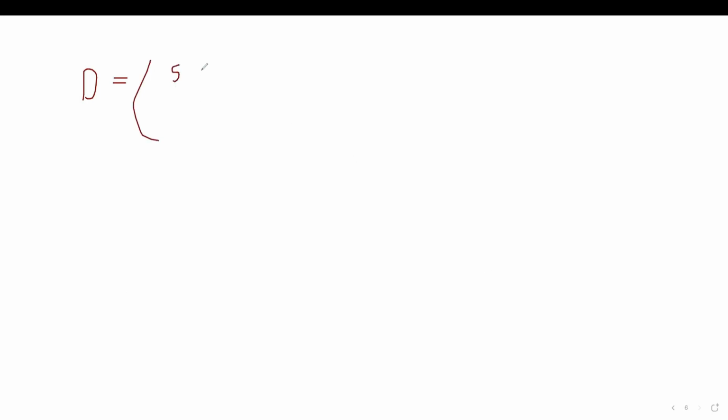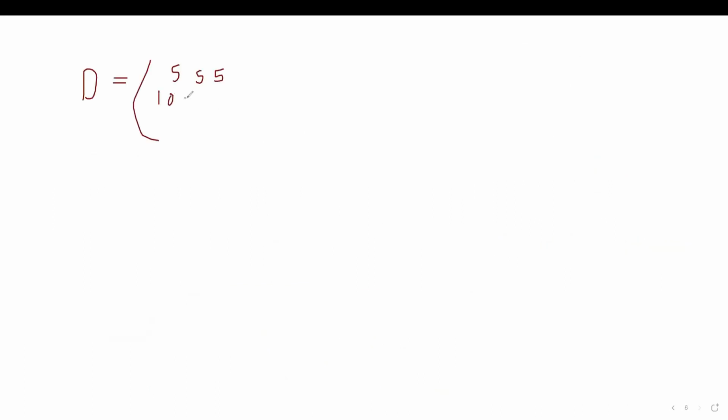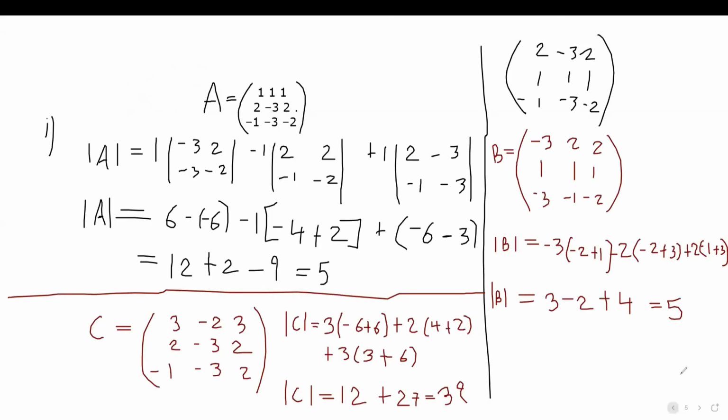We're going to have 5, 5, 5. Here, so we're going to have 10, minus 15, 10. Then down at the bottom, we're going to have minus 5, minus 15, minus 10.